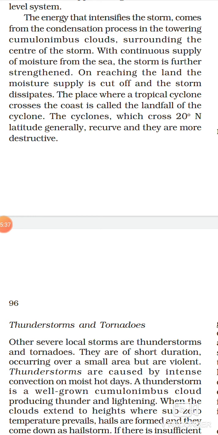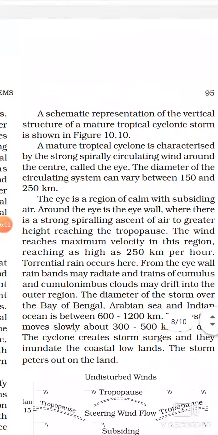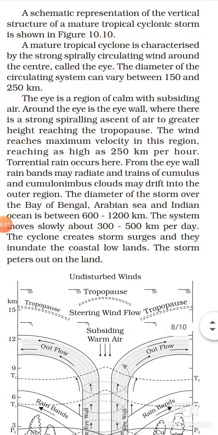Since it originated, it was traveling with a very high speed in the atmosphere, but when it has struck the landform, that's the coastal area obviously, then that is called the landfall of the cyclone. It means it has struck the ground, the place where people live. You can remember it like this.